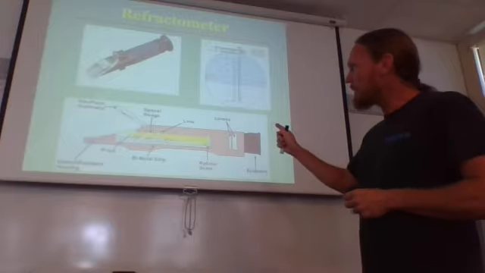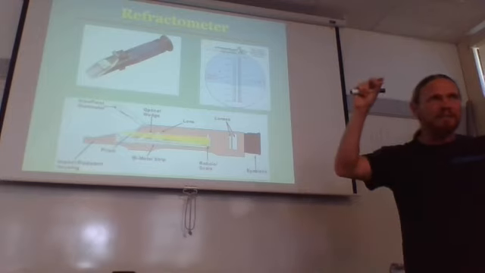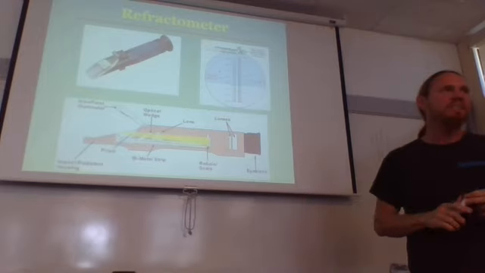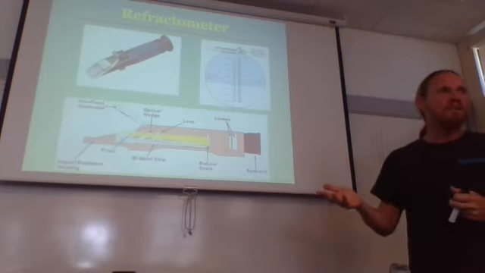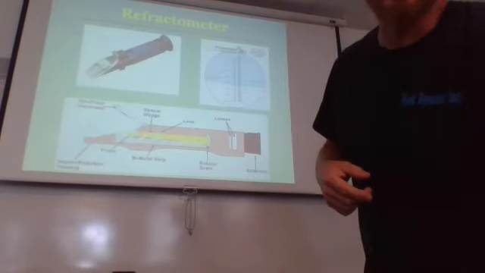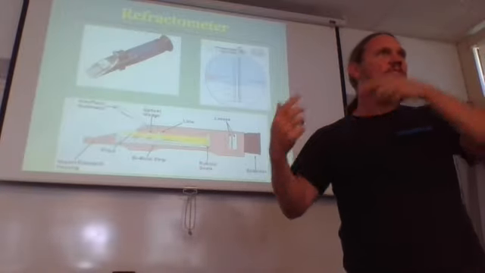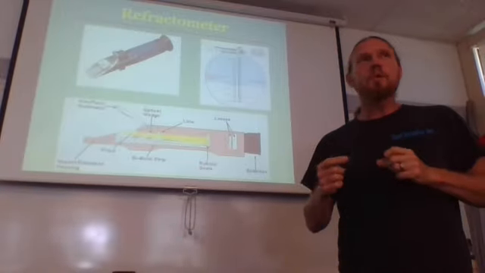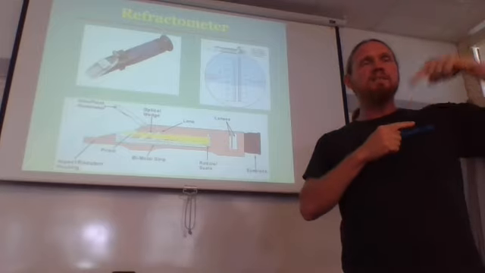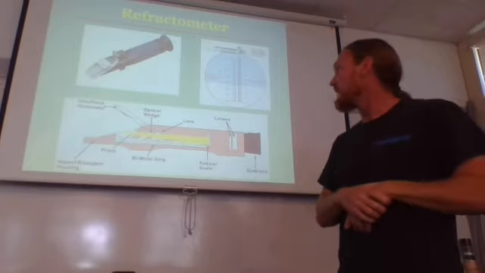And so the refractometer measures how much bending takes place when it passes through that little film of water that you place on there. The higher the salinity, on average, the more dense your solution is, because all the stuff that's dissolved in water is more dense than water. And so the more dense, the bigger the density difference between air and water, and the more bending takes place.